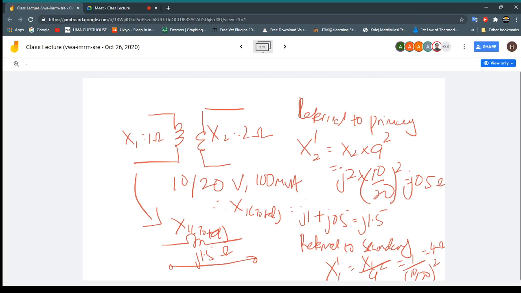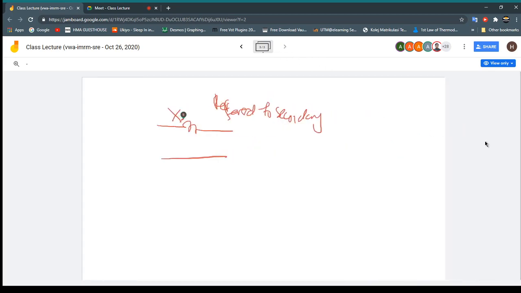Now X1 referred to secondary equals j4. X2 total equals j2 plus j4, right?